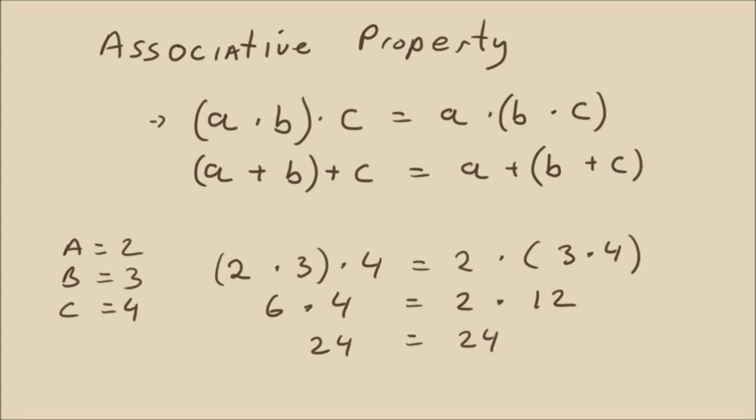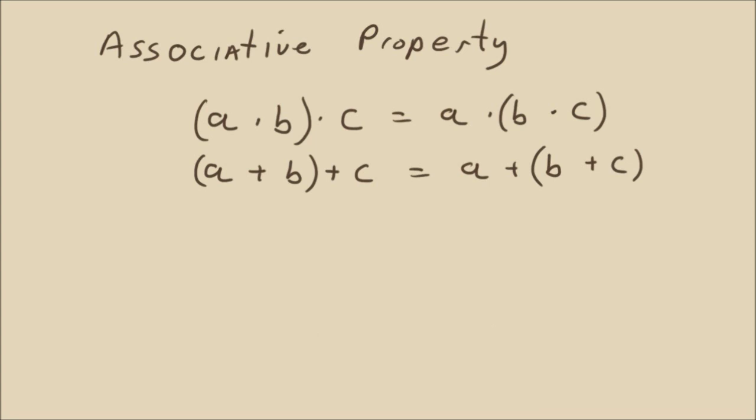If I do the same thing for the addition side, this time I'm going to go A is equal to 4, B is equal to 5, and C is equal to 2, just so I use some different numbers.